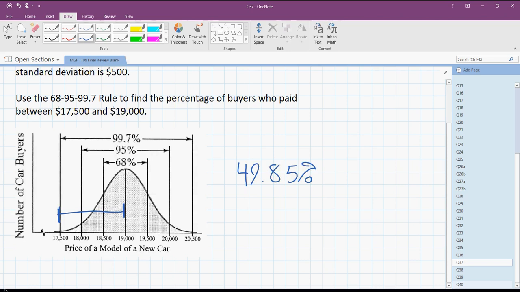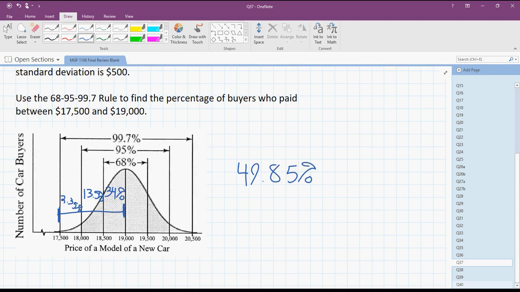The other way that I showed you in class, remember I said we figured out each one of these guys. This was 34%. How much was this small bar? Nope. This was the 2.35. So 13.5? Yeah.